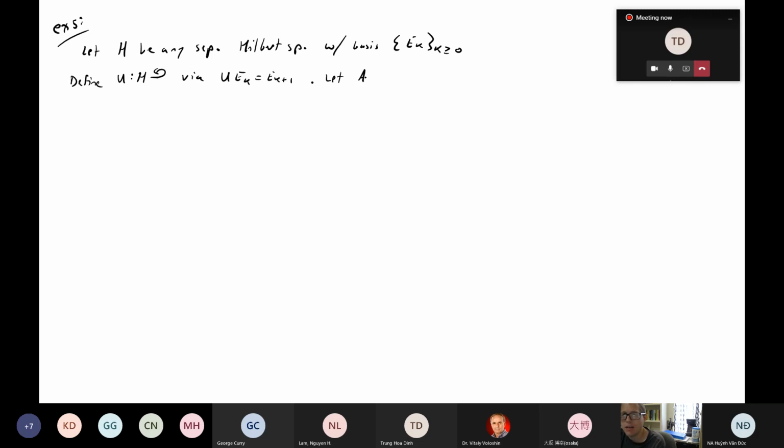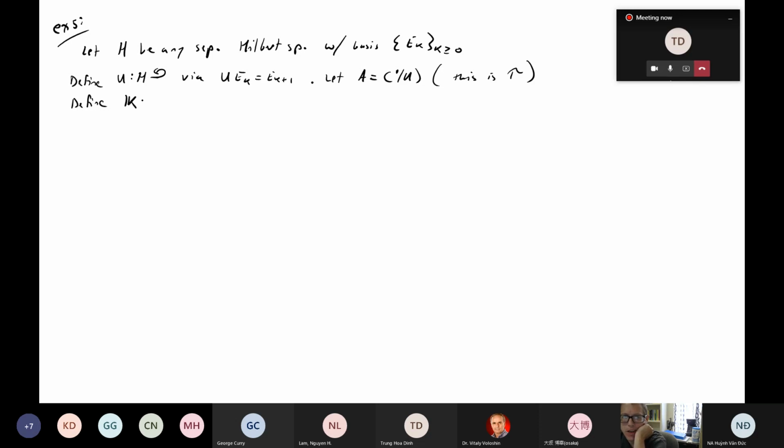And I'm going to let A be the C-star algebra generated by U, and this is really the Toeplitz algebra, just written in another way, and that's the remarkable thing, that it's got this universal classification. And I'm going to define something called the label operator.